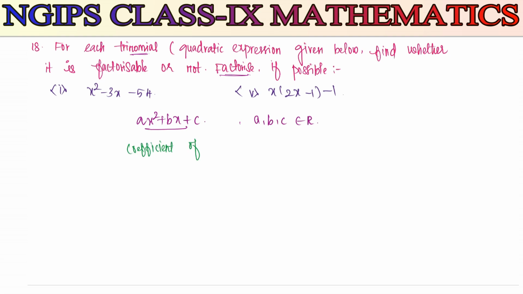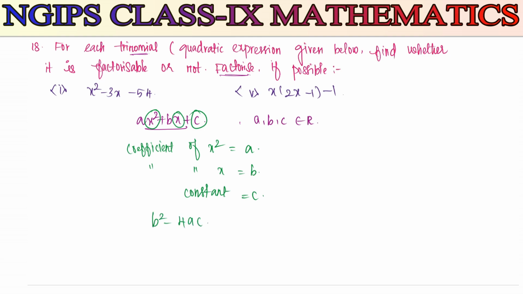Now here the coefficient of x square, except this x square, the leftover is a. So the coefficient of x square is a, the coefficient of x is going to be b, and c is going to be the constant. To check whether it is possible to factorize the trinomial, you just have to find the value of b square minus 4ac.